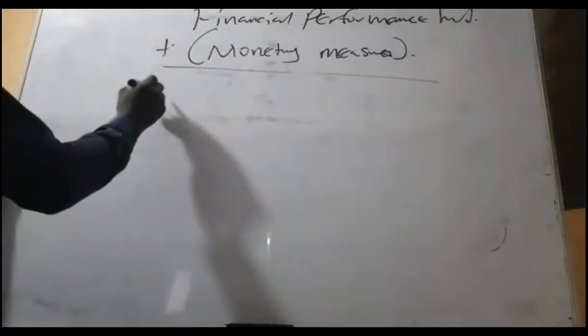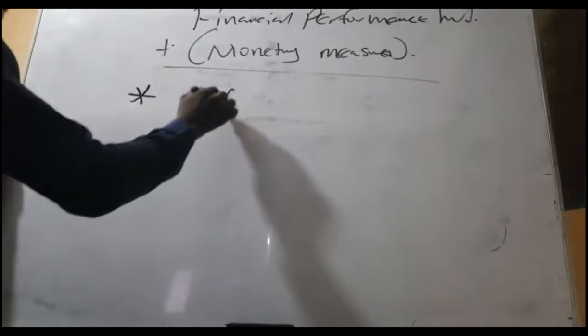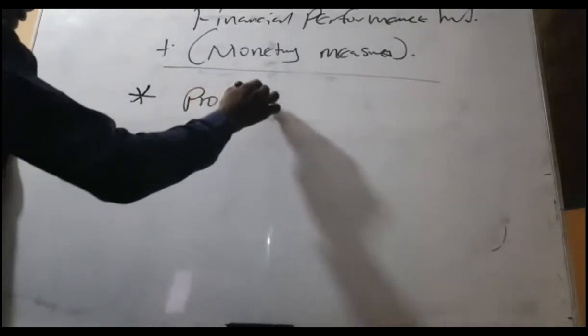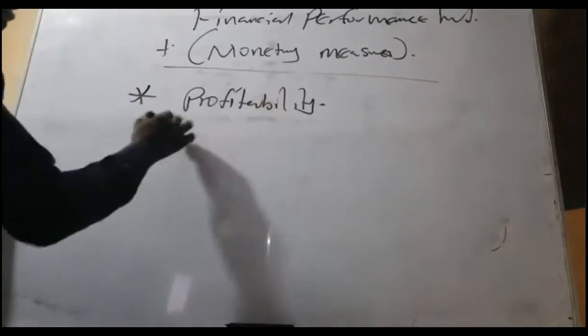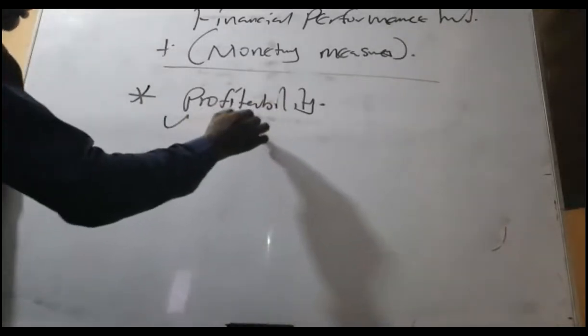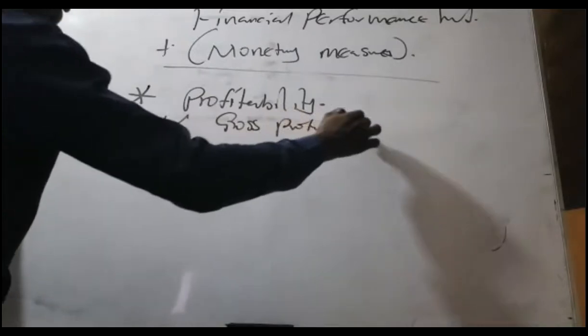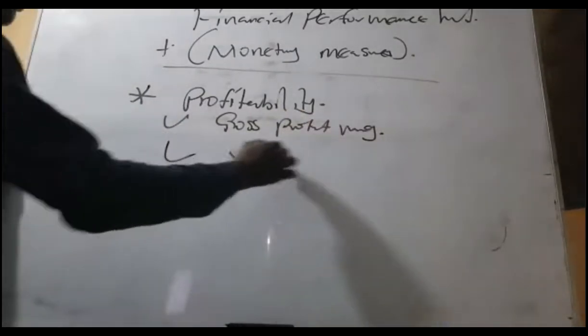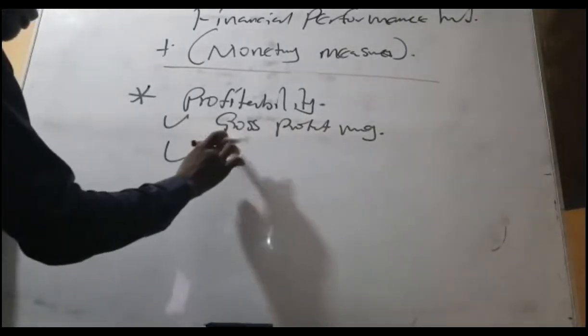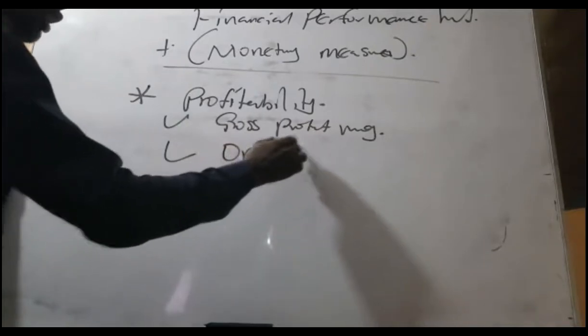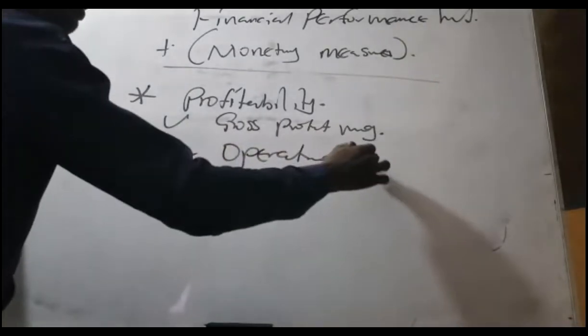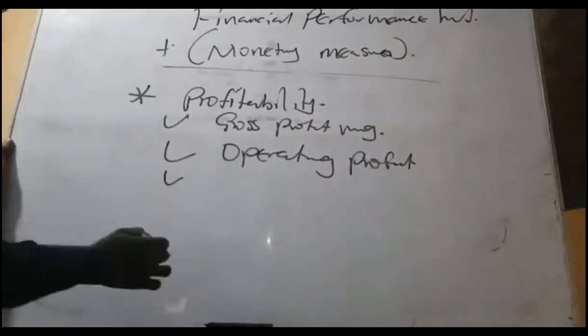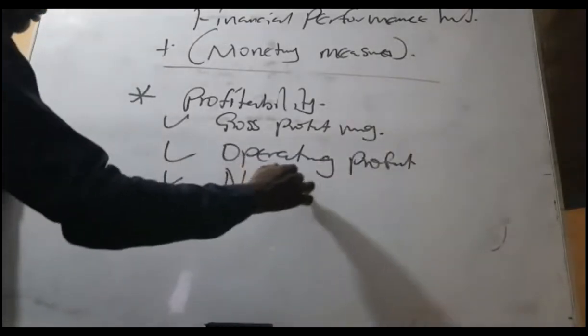Yes. So now let me provide a sound base for reference. The section that I'll upload on the platform, you need one, profitability. If you talk about profitability, the available ratios are gross profit margin, net profit margin. So net profit is also there. But let me talk about operating profit margin. You can also use net profit margin.